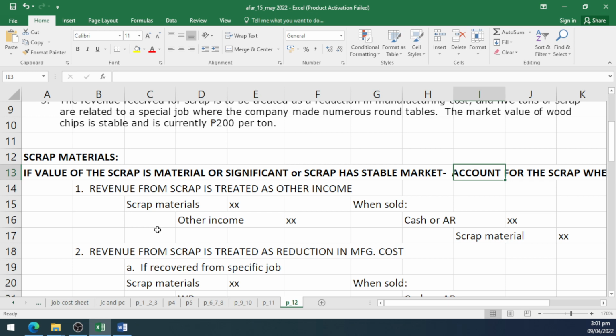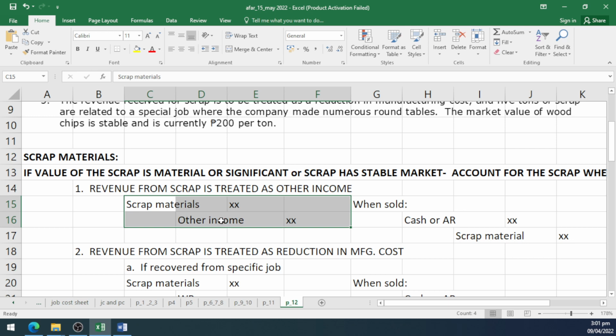Number 1: Revenue from scrap is treated as other income. So, upon recovery, debit scrap materials, credit other income. Pagka-recover yan, hindi pa nabebenta, may entry na, may recognition na. Scrap is recognized when recovered.